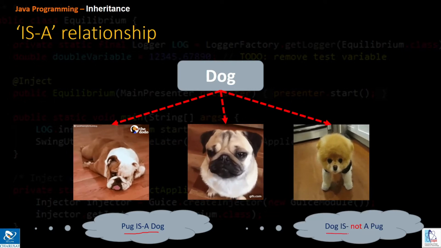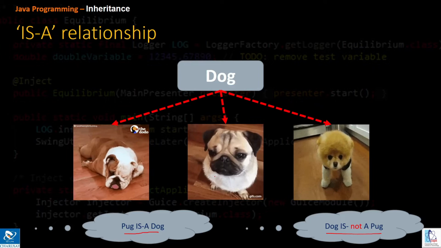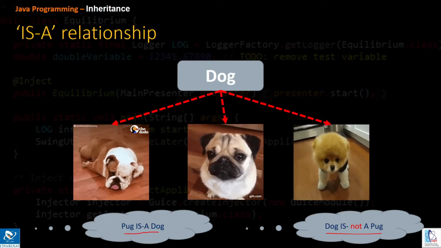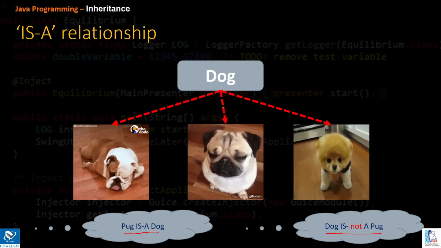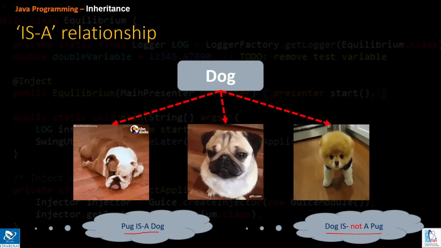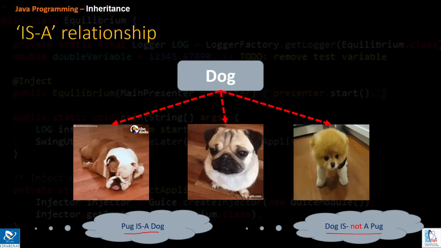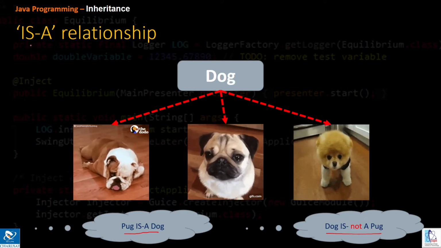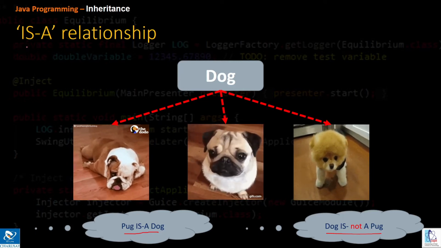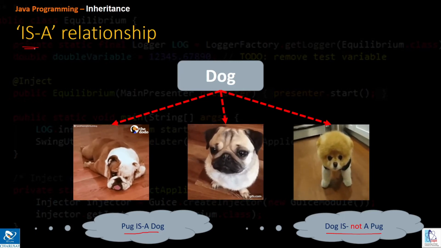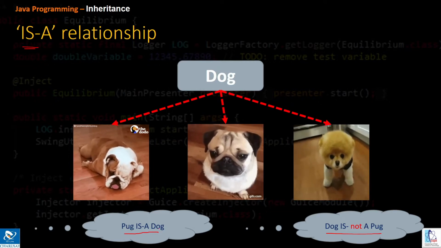Whatever subclass of dog we have, we can say that subclass is a dog, but it is not necessary that a dog is a pug. It could be any class of dog. So remember that inheritance satisfies the is-a relationship, like pug is a dog.